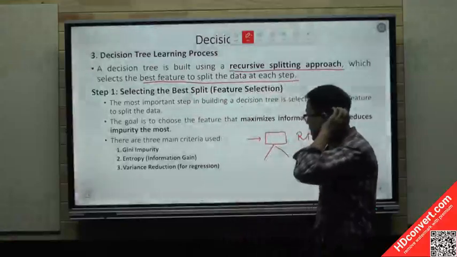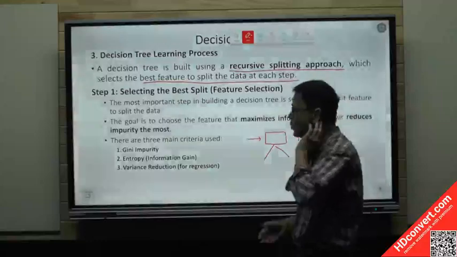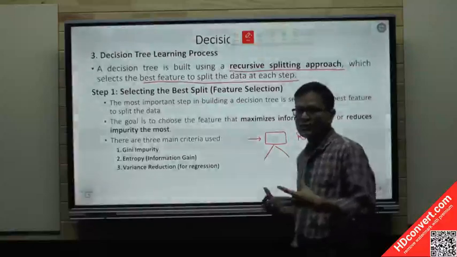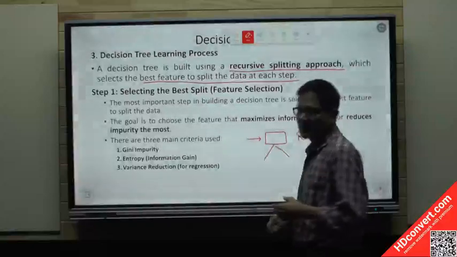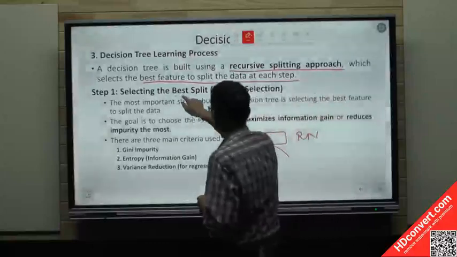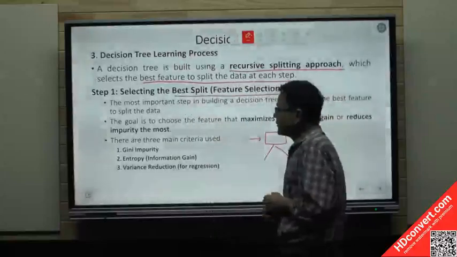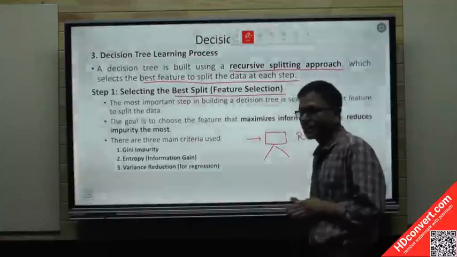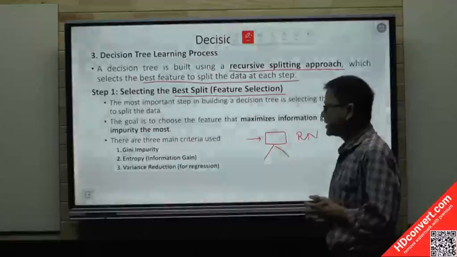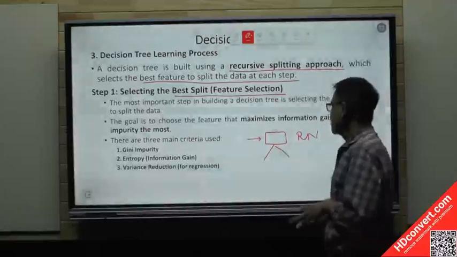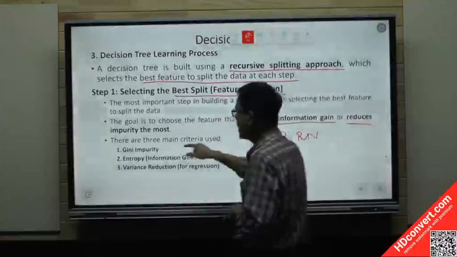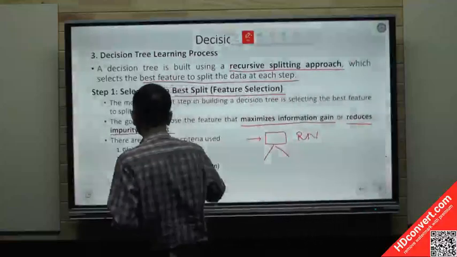Now the question is, how do you select which feature of the data set we will do the splitting on first. So selecting the best split is feature selection. The most important step in building a decision tree is selecting the best feature to split the data. The goal is to maximize the information gain or reduce the impurity.